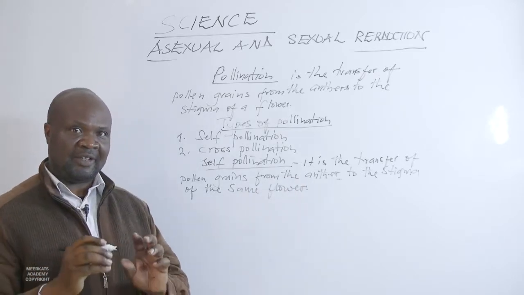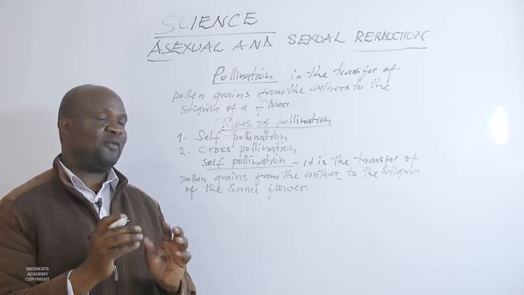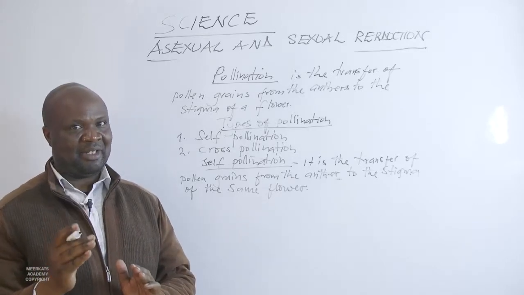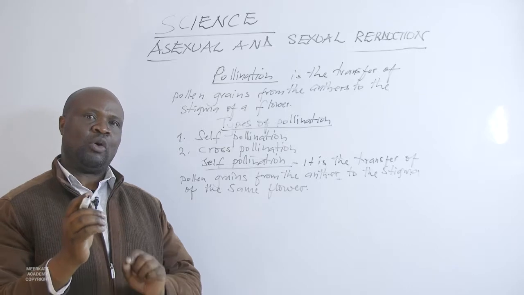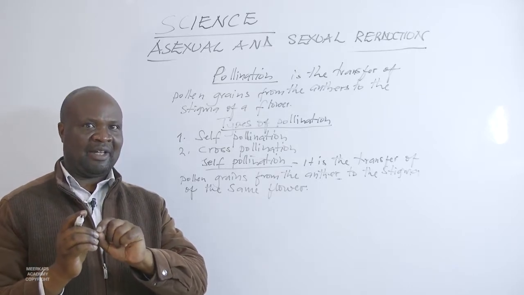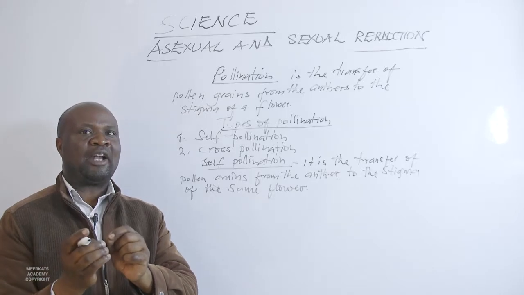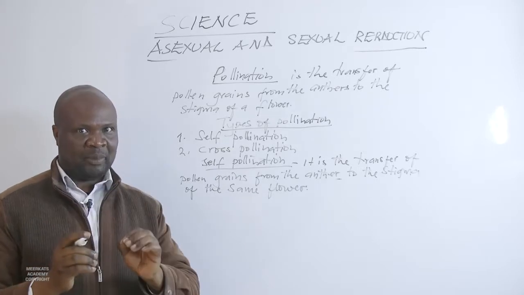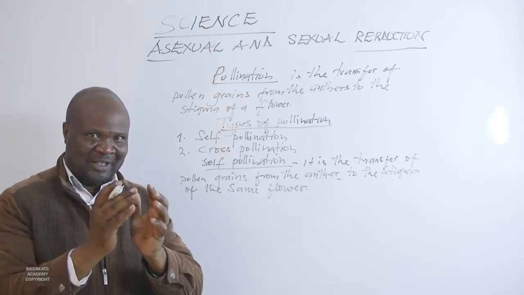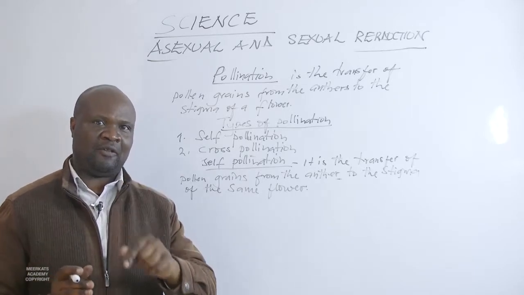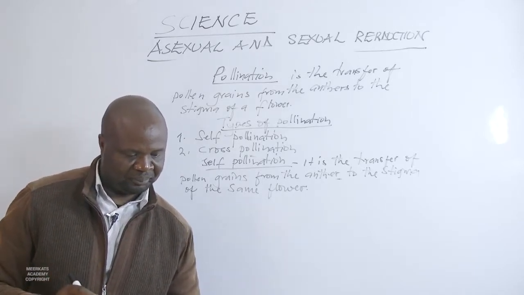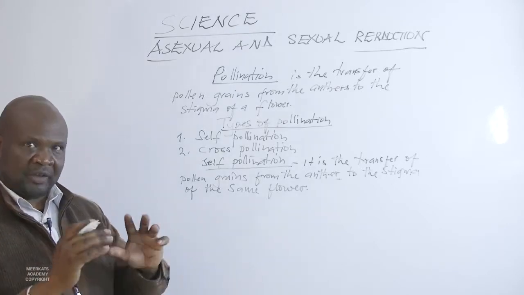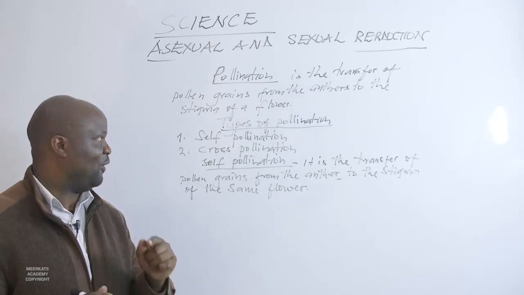The same flower has the male part, the stamen, and the female part, the pistil. So if the pollen grains from the anthers of a flower are transferred to the stigma of the same flower, then because it is within the same flower, it is called self-pollination.